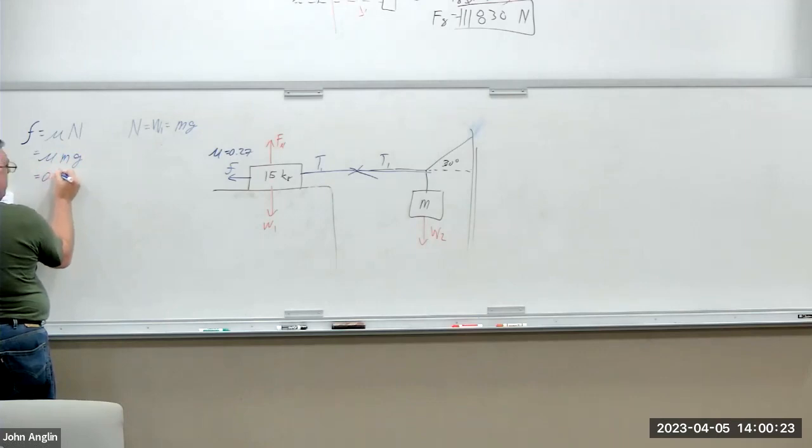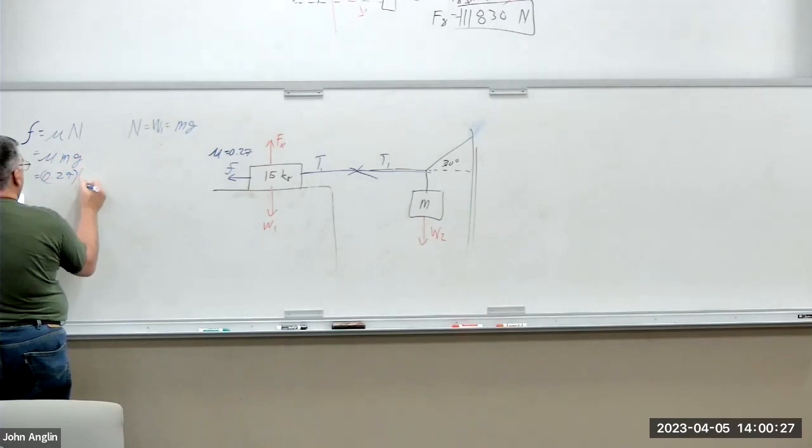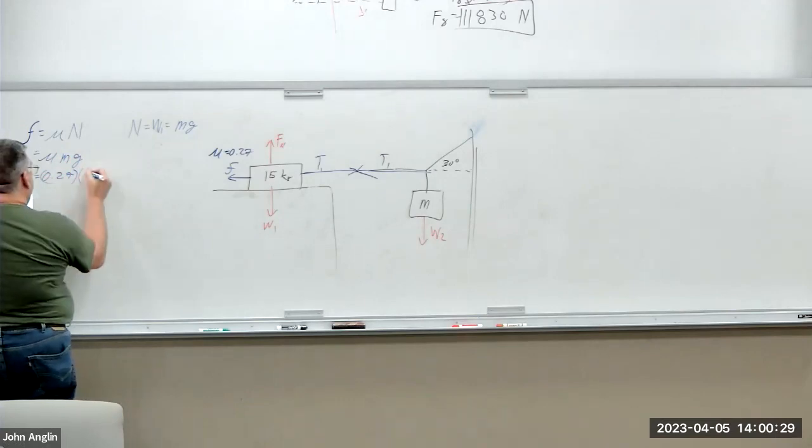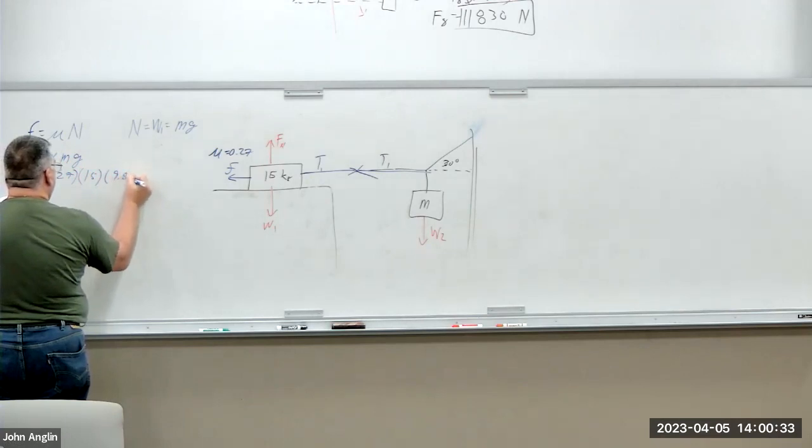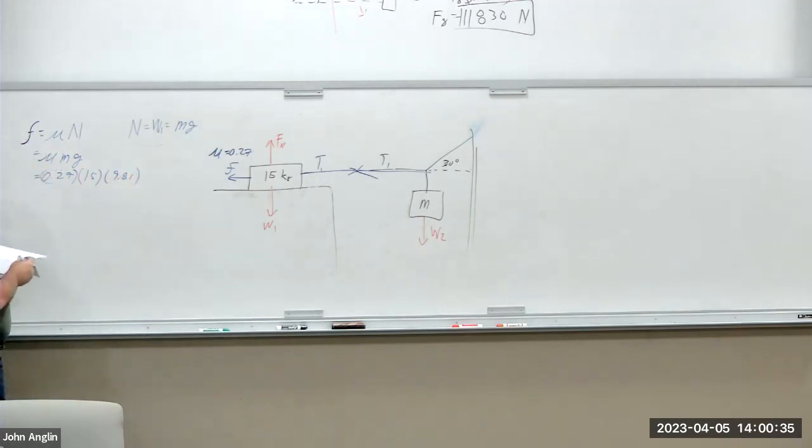We know mu, 0.27. We know mass is 15, and we know gravity is 9.81. Again, dropping the units because I'm going to trust that you guys know how to do dimensional analysis at this point.